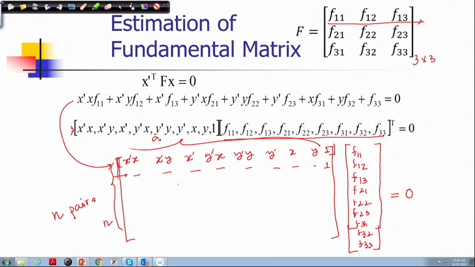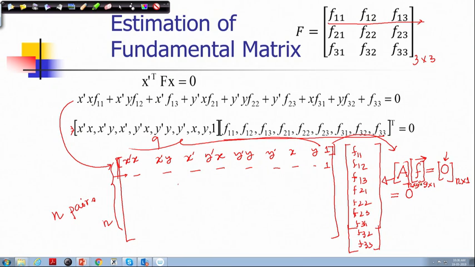This vector, let me write it as a column vector f, and this matrix as A. So, A into f would be 0. 0 is also a column vector, because each equation is giving me 0. If there are n equations, 0 will be a column vector of dimension n cross 1, f should be 9 cross 1, and A should be n cross 9.